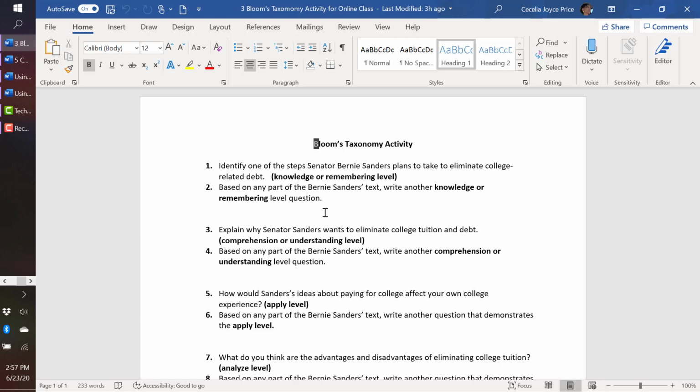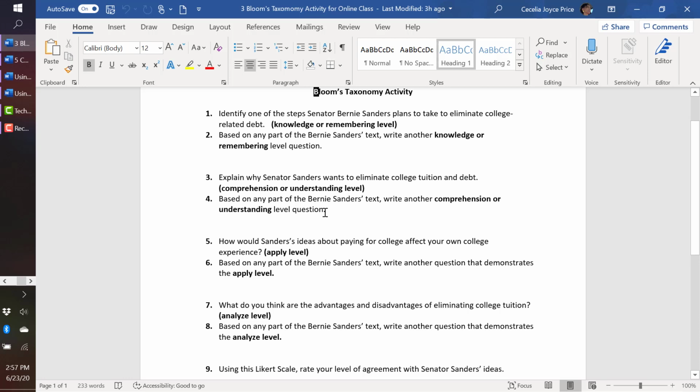And I would ask you to write another knowledge or remembering level question, okay? So remembering that when you write that question, all you would be expecting the answerer to do is go back to the speech exactly the way it's written and pick out an answer, because it requires no more thinking than that. All right, let's go on to the next level.